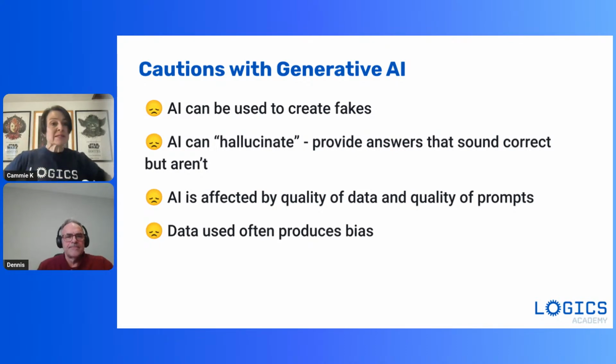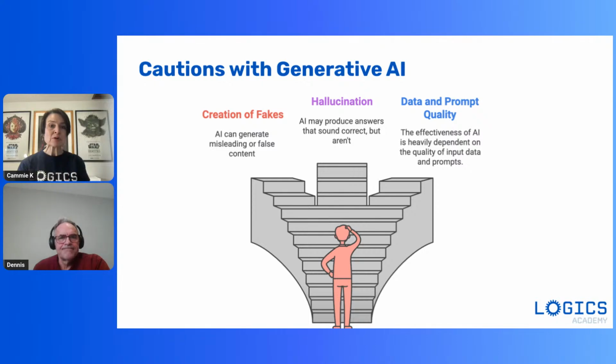And AI will be certain, it sounds so positive that it's right, that if we aren't knowledgeable, if we haven't done our background learning, we can be sucked into that. AI is affected by the quality of data, which we've talked a little bit about, and by the quality of prompts, which we're going to look at. We also often want to see that the data that's put into the AI often produces biased results on the other side that AI puts out.